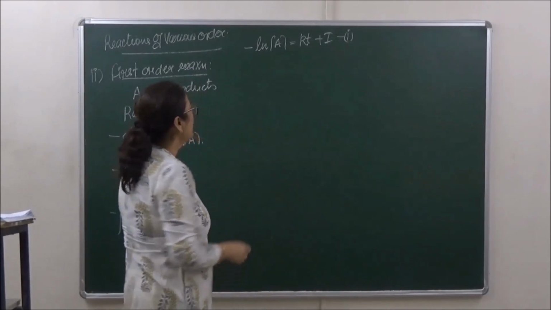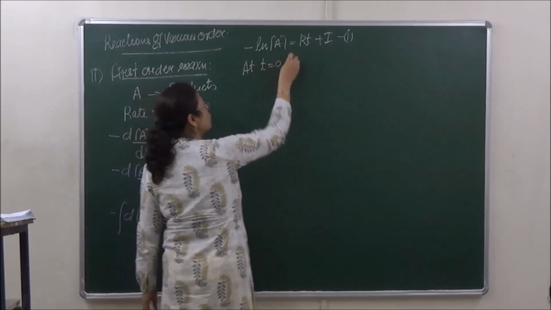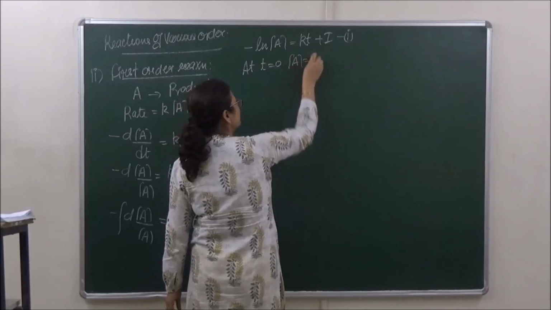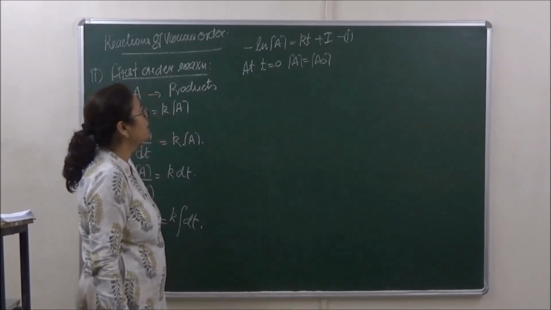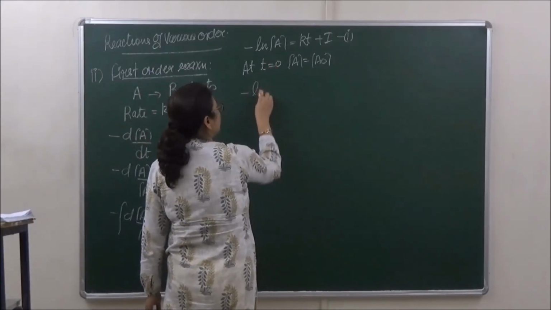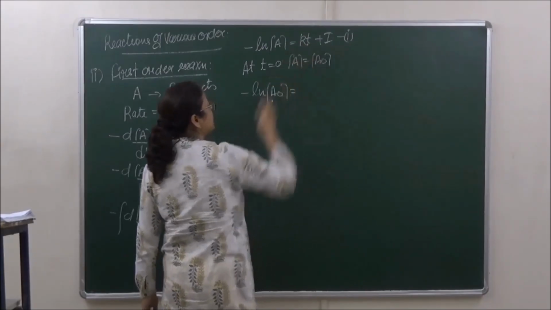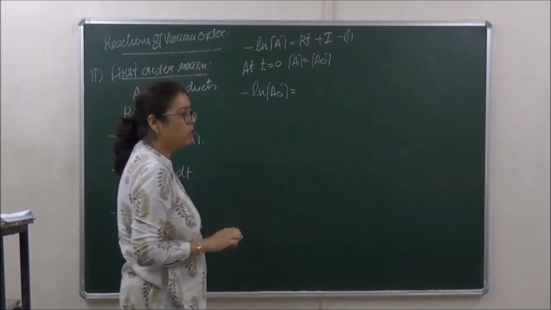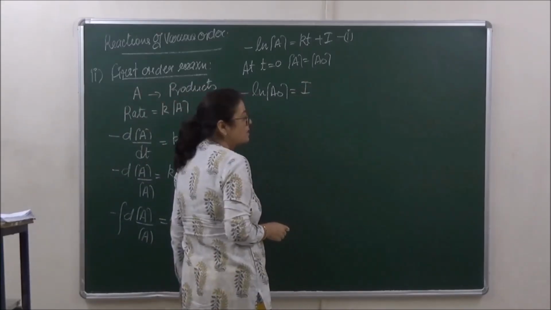Okay, now at time t equal to 0, concentration of A will become equal to A naught. Okay, so putting in the values, what will we get? Minus natural log of A naught, that is equal to, again K into 0 will become equal to 0, that is equal to I. Okay?